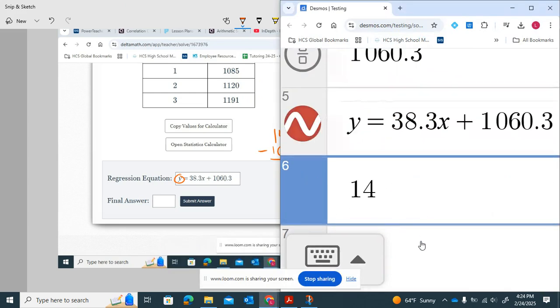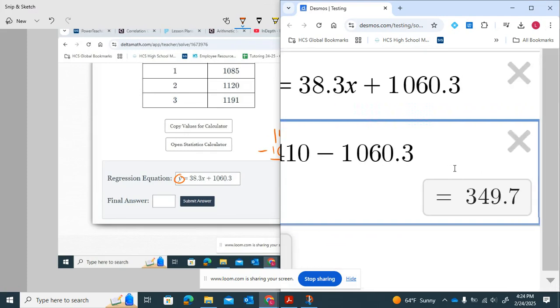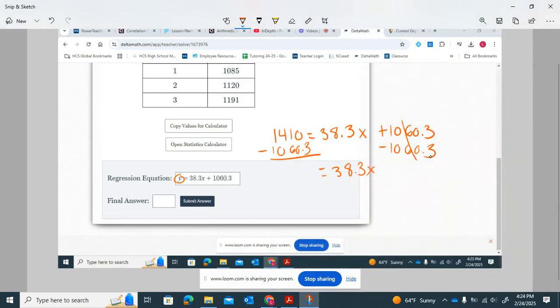It'd be 1410 minus 1060.3. And that tells me it's 349.7. So 349.7. And then because this is being multiplied, I divide each side by 38.3.